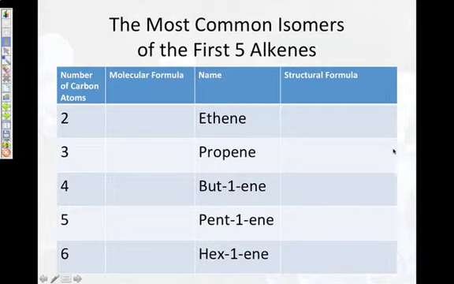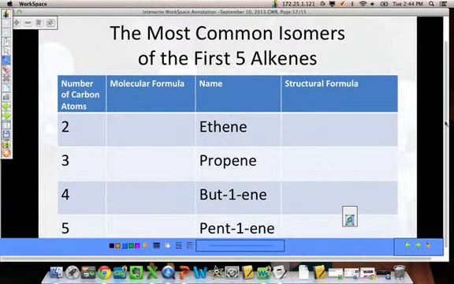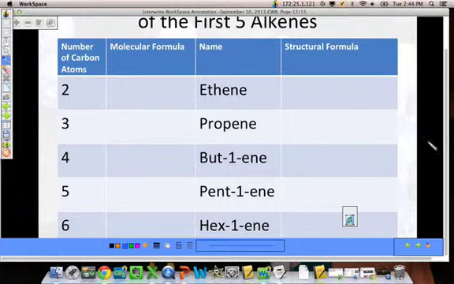The most common isomers for the first 5 alkenes are below. You have this chart in your notes. Let's start out here. So we know the general formula is CnH2n.